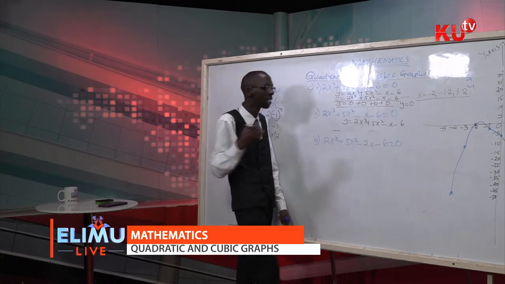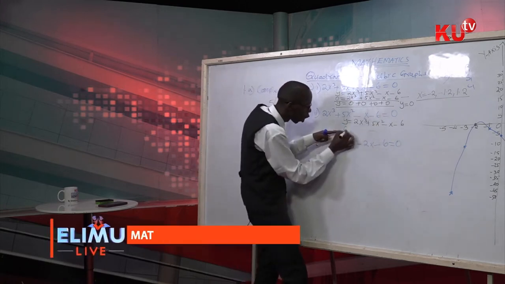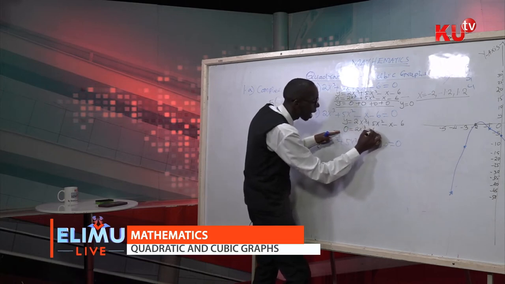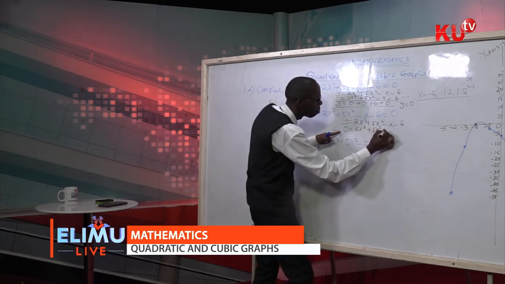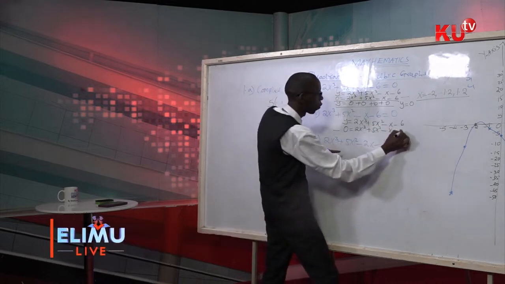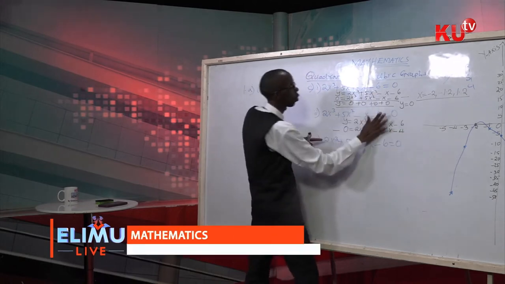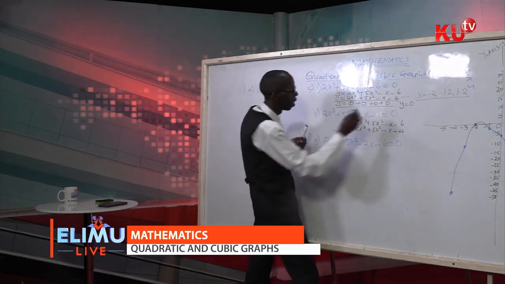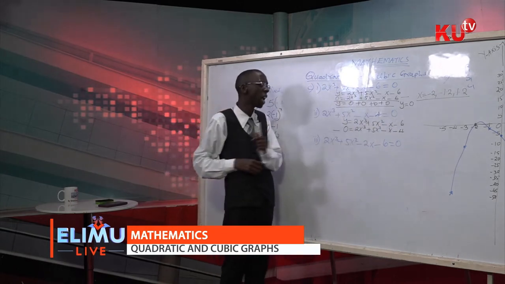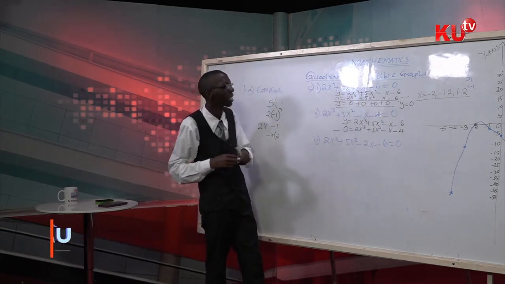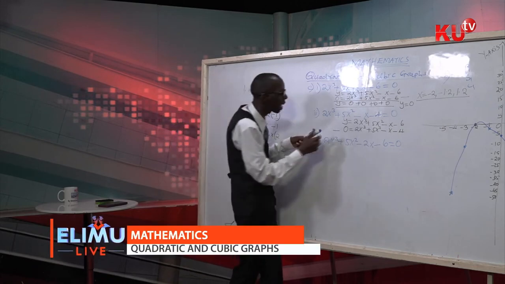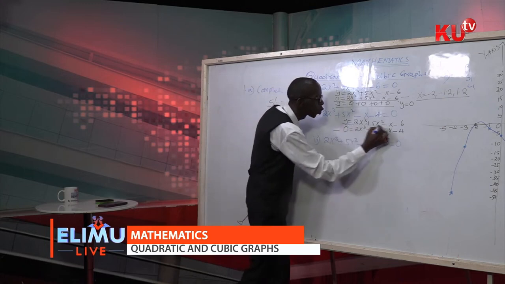You subtract the equation you are solving, and I have said you start from 0. 0 is equal to 2x cubed plus 5x squared minus x minus 4. Sorry, the question here was -4, not -6. 2x cubed plus 5x squared minus x minus 4.